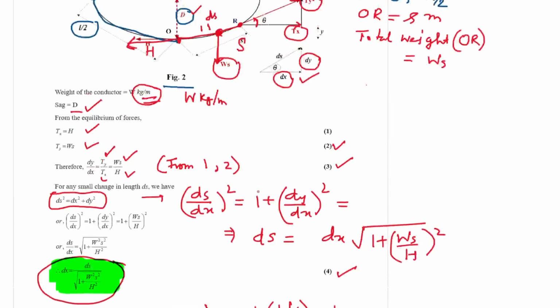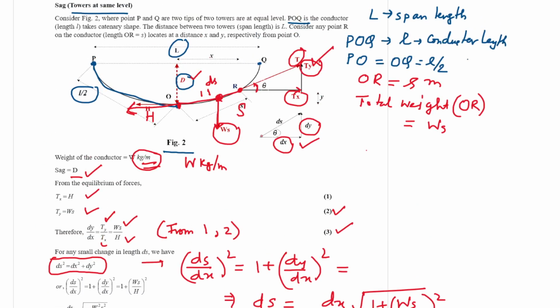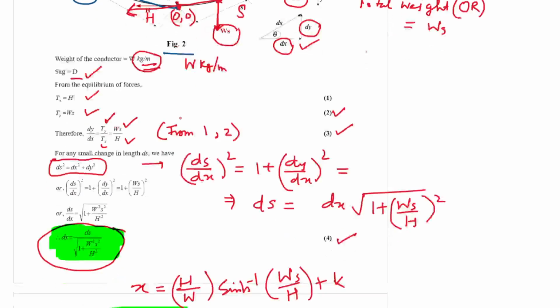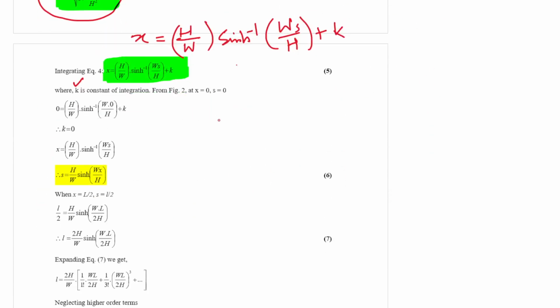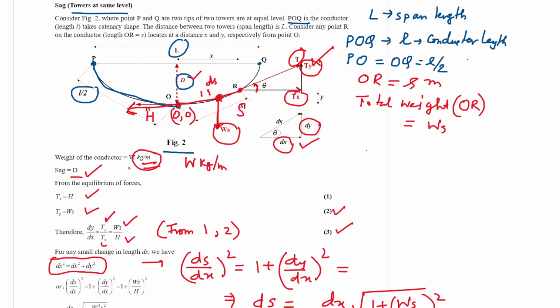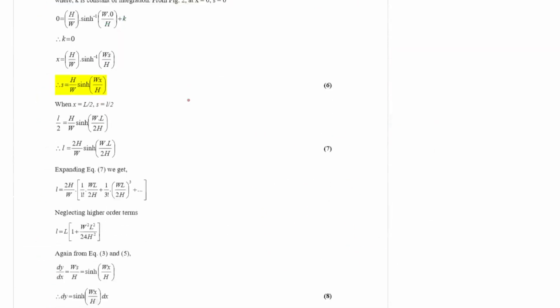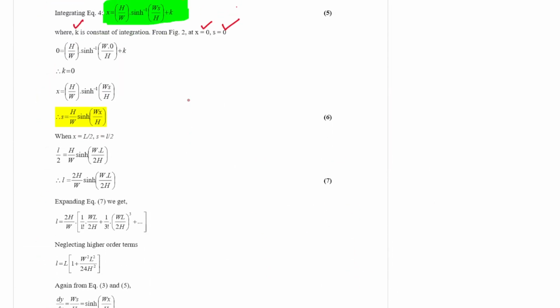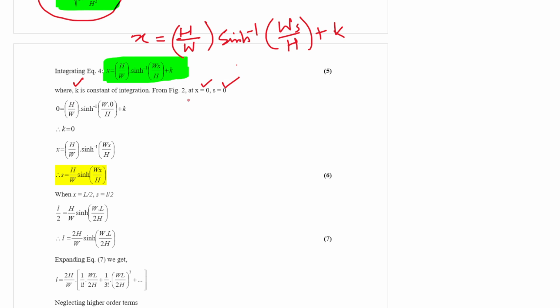Now from figure 2, let us say this point is the origin, that is at this point x is equal to 0, y is equal to 0. So at x equal to 0, s will also be equal to 0, because at this point everything is 0, because it is the point of origin. So if we substitute x is equal to 0 and s equal to 0, we will get the value of k is equal to 0.